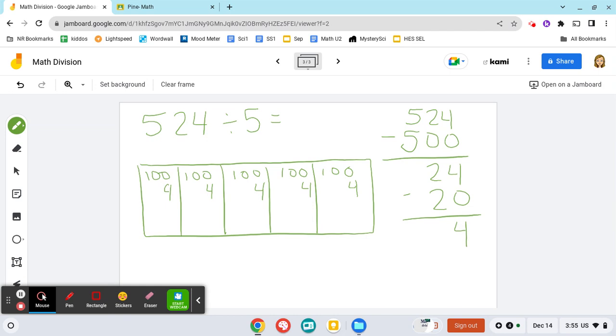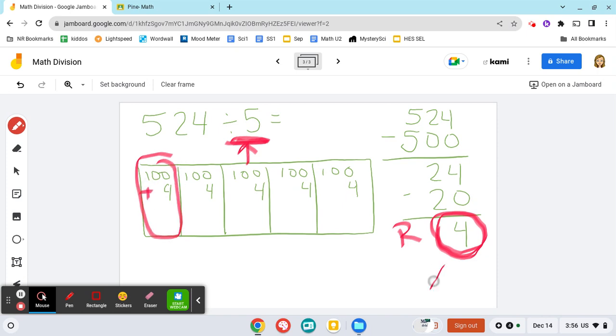Now here's the problem. Your siren should be going off in your head because this number here is less than our divisor. And when that number is less than our divisor, that means it becomes a remainder. So we have to add up our box. We can't split that 4 evenly.